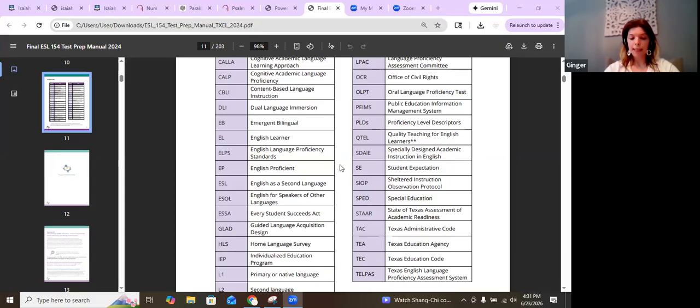ELPS stipulates that teachers must provide linguistic accommodations to support content area learning. We have ELPS right up here on the screen. English Language Proficiency Standards.